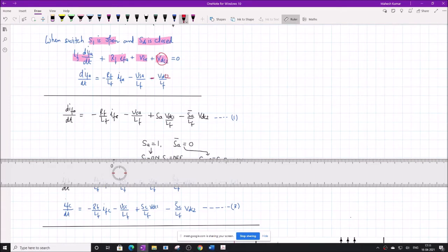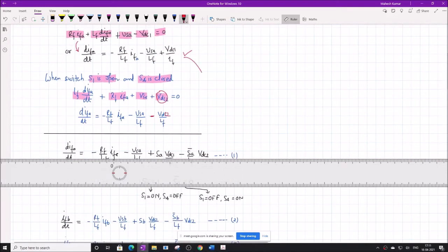Okay, so the difference between these two equations is nothing but the difference of driving force. What is the driving force for the compensator current here? The driving force is plus VDC1.